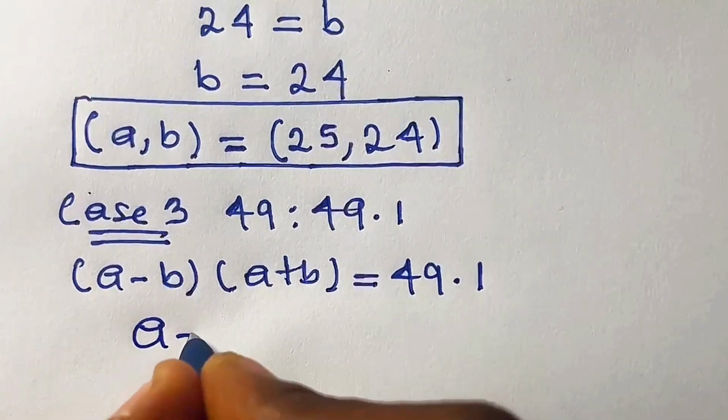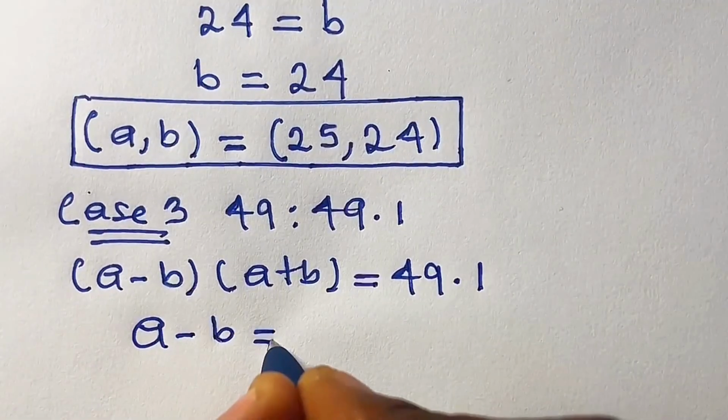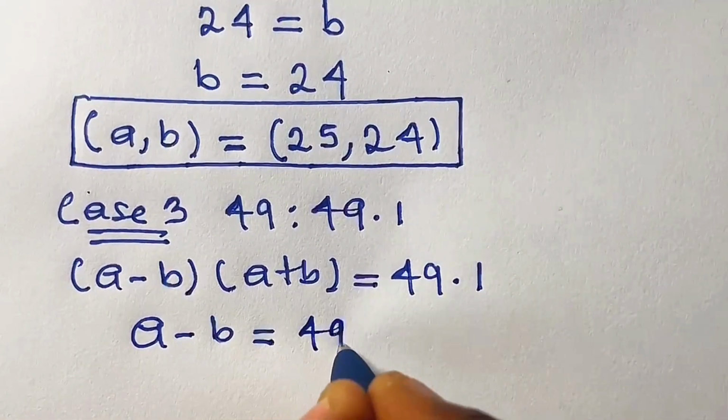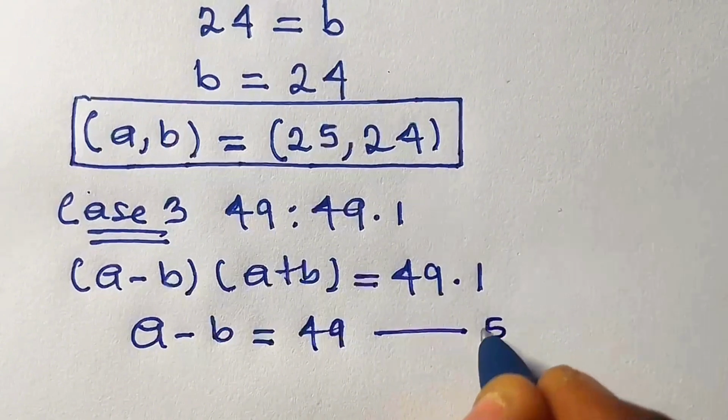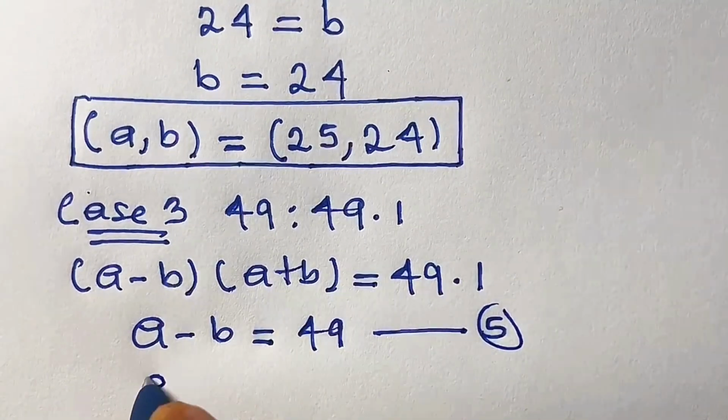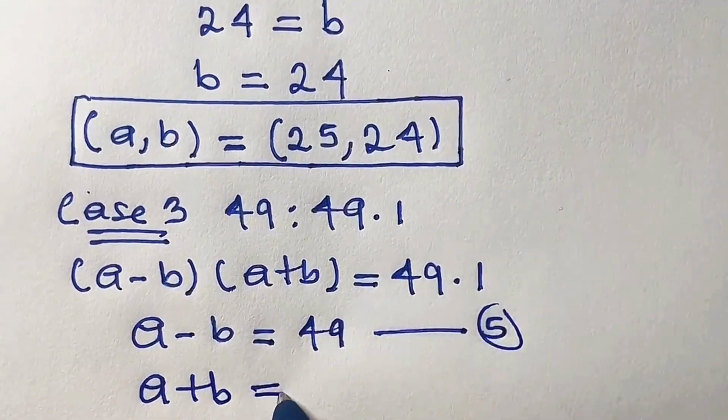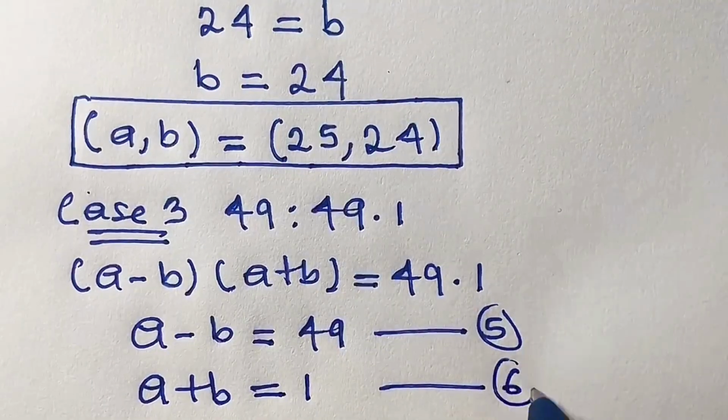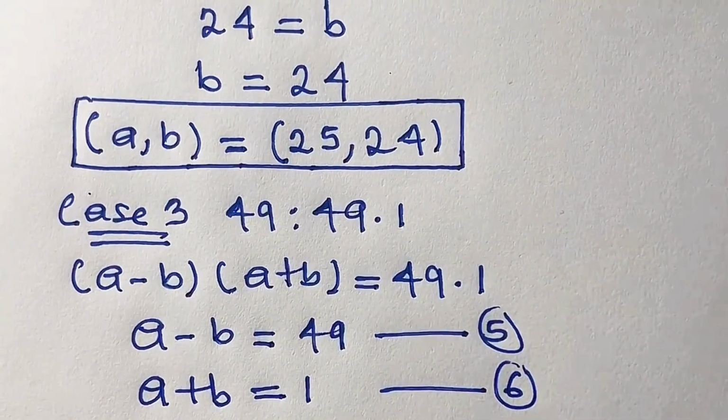Then following the same approach, a minus b equals 49, name this equation 5, and a plus b equals 1, let this be equation 6.